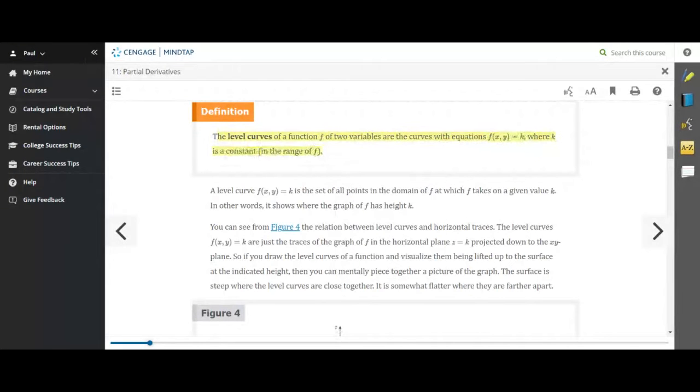The level curves of a function of two variables are curves where you set the function equal to a constant. In other words, the z value is constant. You set the function equal to a constant, and you get what are called level curves. We have some examples of that here.